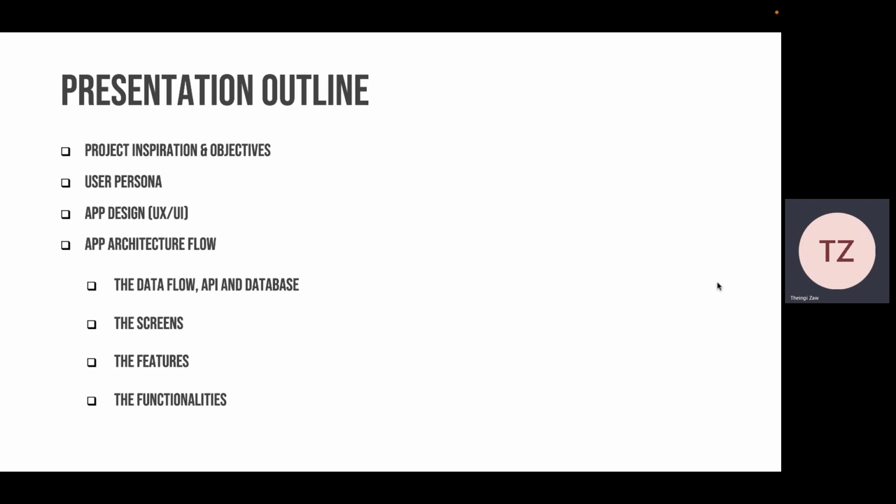Finally, I would like to explain the architecture and functionalities of the app, where and how data is stored and read from the API, and also the functionalities and features of each screen, and what control structures, blocks, and sensors are utilized from MIT App Inventor to make these functionalities work.